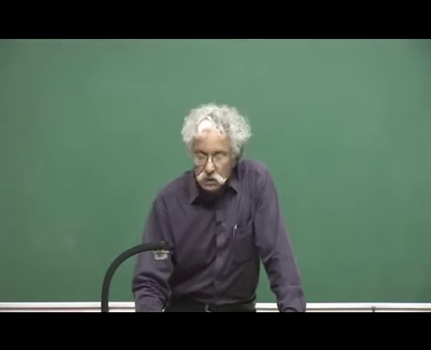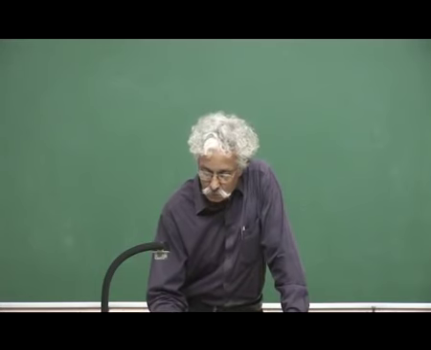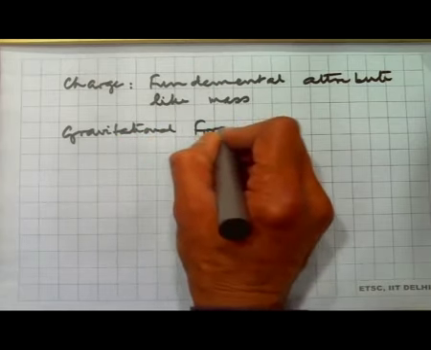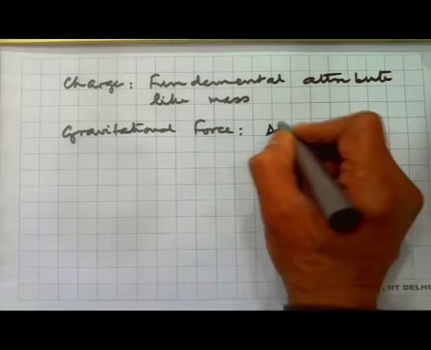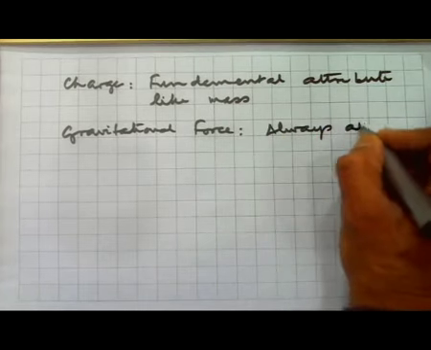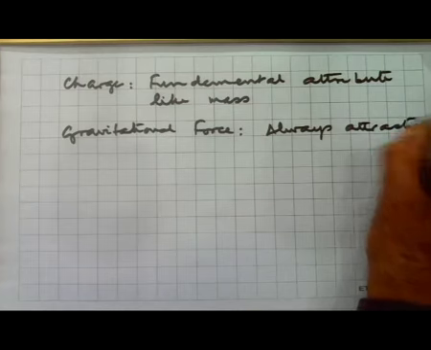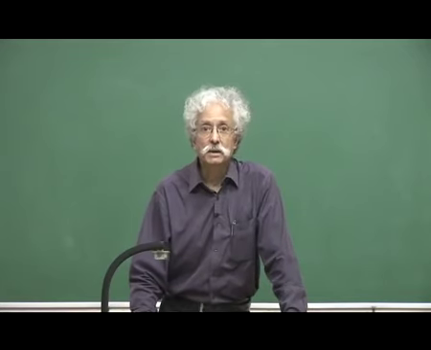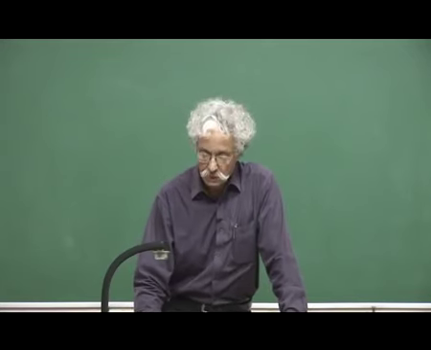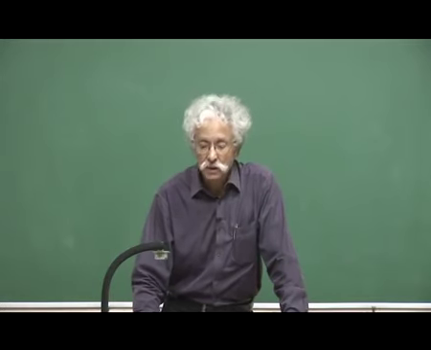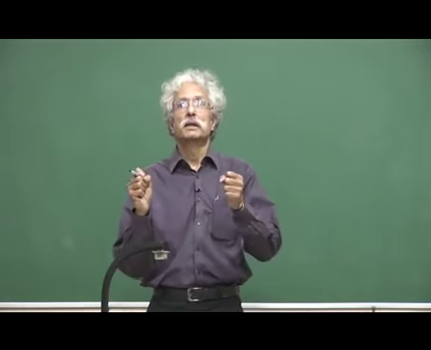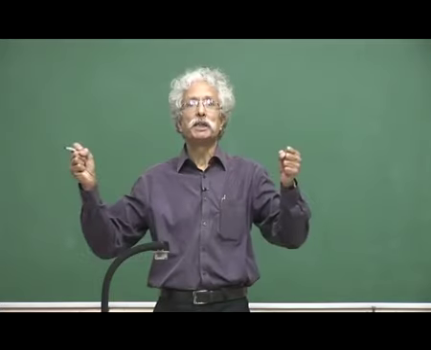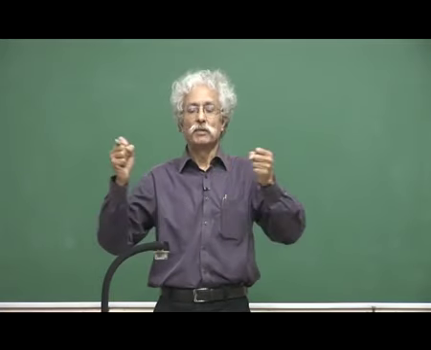Now, if you contrast this with gravitational force, gravitational force is always attractive, because there is only one kind of mass, and mass attracts another mass. While in the attribute of charges, there are two kinds of charges, positive and negative. So, positive charges attract negative charges, but if you have a positive charge and another positive charge, they will repel each other. If you have a negative charge and another negative charge, they will repel each other.